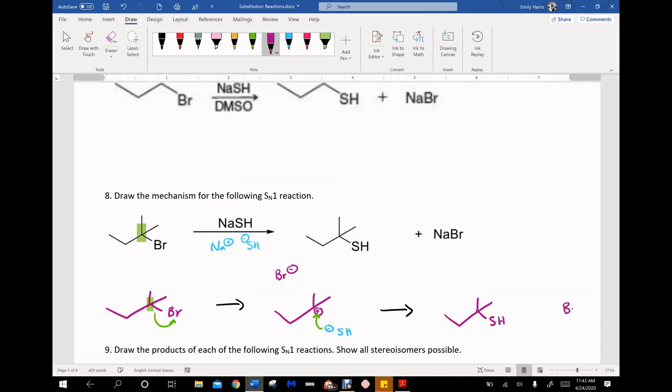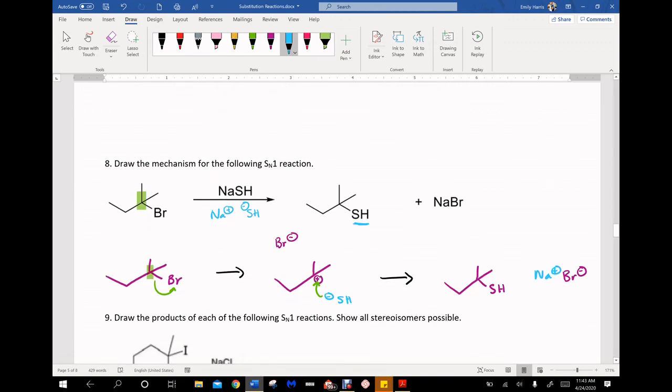The bromine, that's a negative charge, will pair up with the sodium that's a positive charge to form an ionic compound. Now notice what makes this a little bit different than the SN1 example we did is that we don't have to deprotonate the sulfur at the end. In the product, the hydrogen stays attached. It's one ion, so those will stay together.